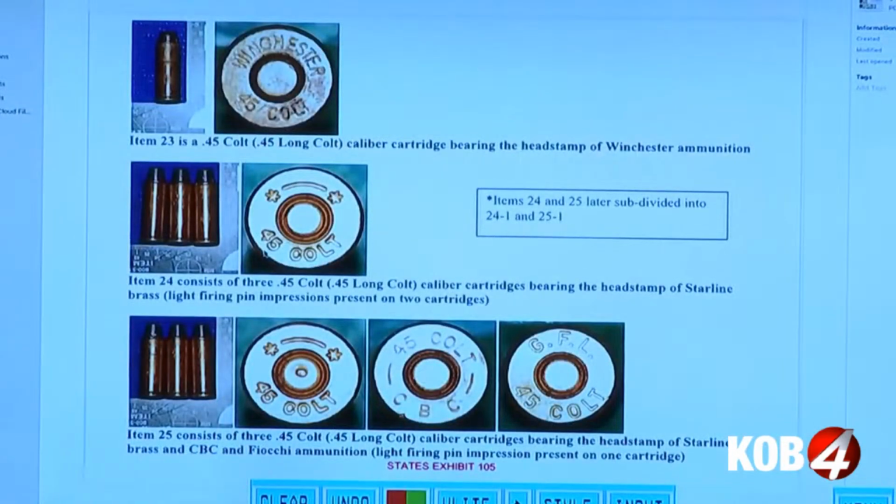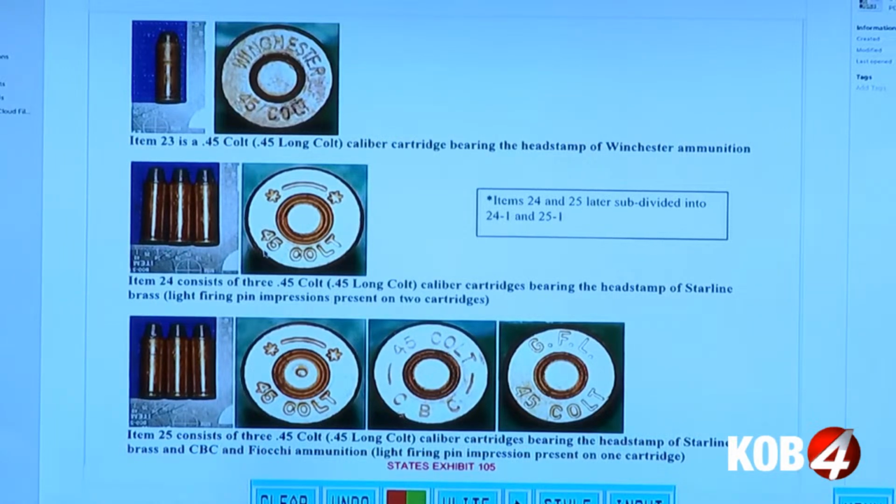State's Exhibit 105. Can you tell us what we're looking at here? These are images of additional ammunition that was submitted for examination. And some of the ammunition came in being declared as live ammunition. So these are images of some of those cartridges that were submitted. So these are all live? They were described as being live, and they had the physical characteristics of being live.